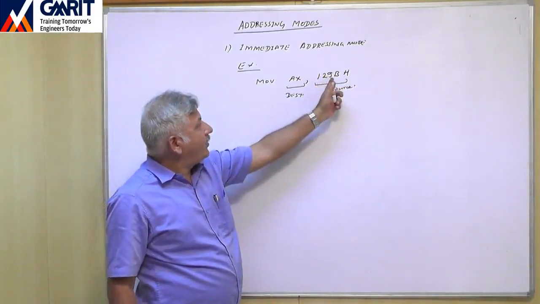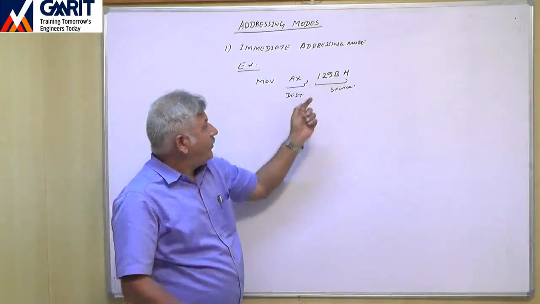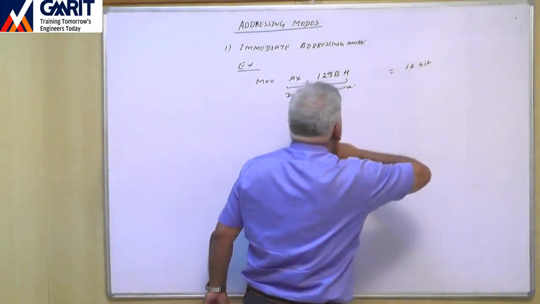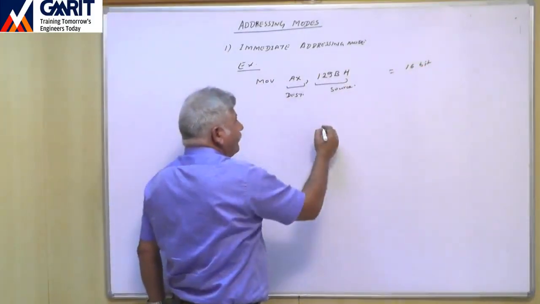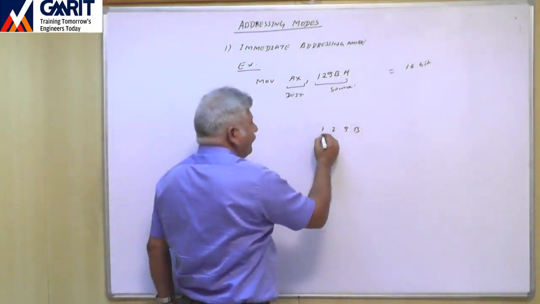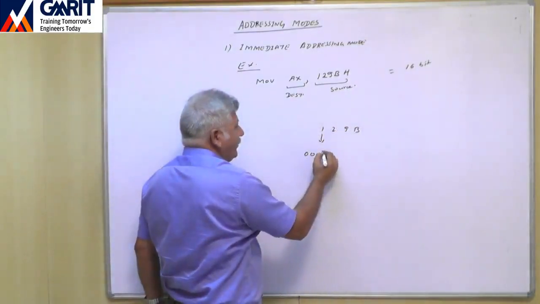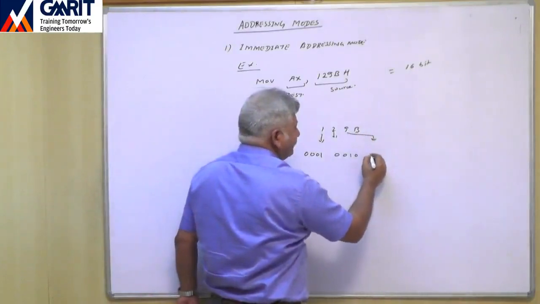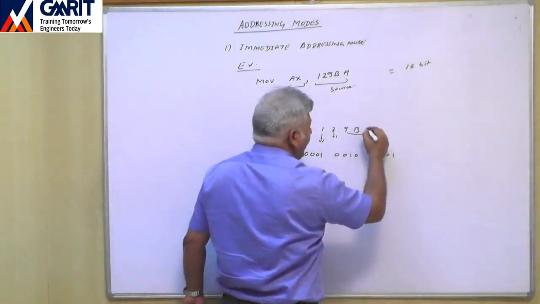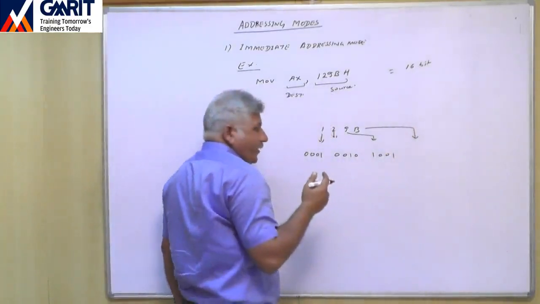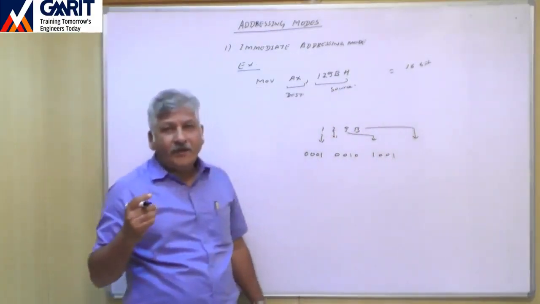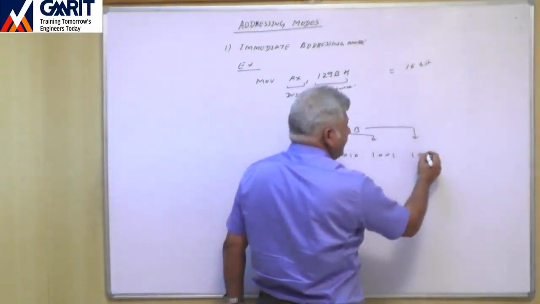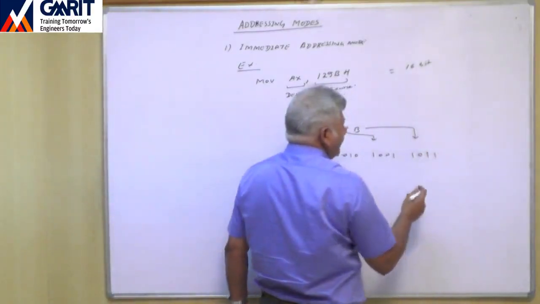This data 129B is a hexadecimal number, which in binary is a 16-bit number. 1 means 0001, 2 means 0010, 9 means 1001, and B means, since A is 10 and B is 11, we write 11 as 1011.